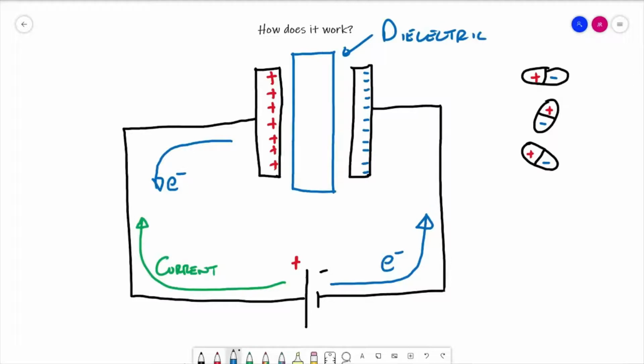So those molecules will just be pointing, at least the positive and negative ends of those molecules will be pointing in random directions. Now, with a dielectric, when we place the dielectric inside an electric field, those molecules, at least the poles of those molecules, all end up pointing in the same direction.